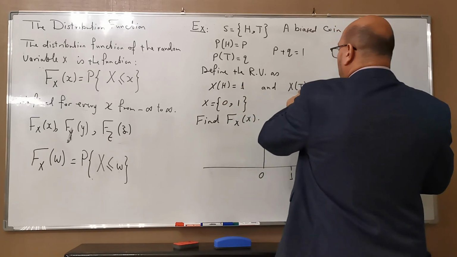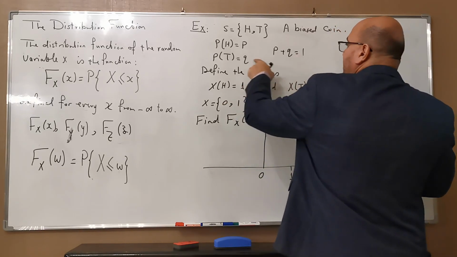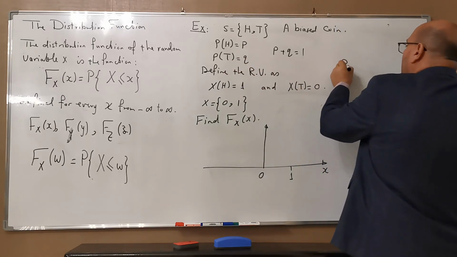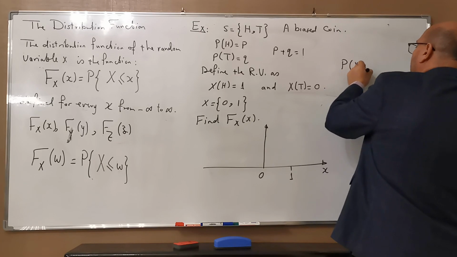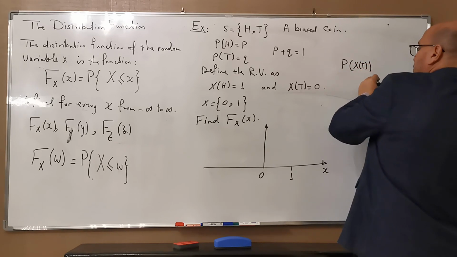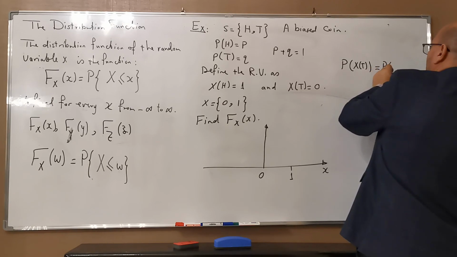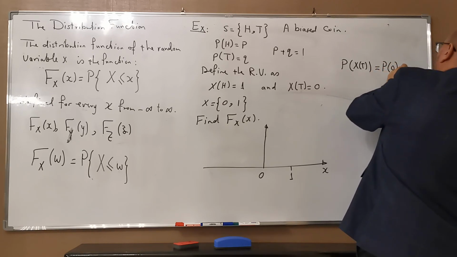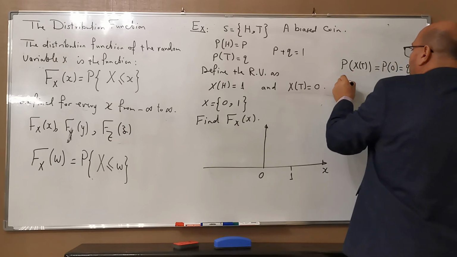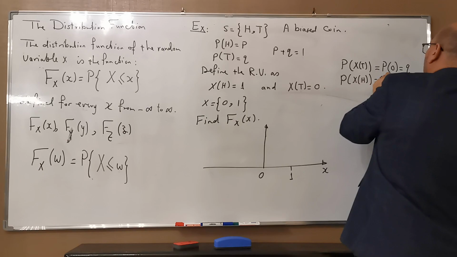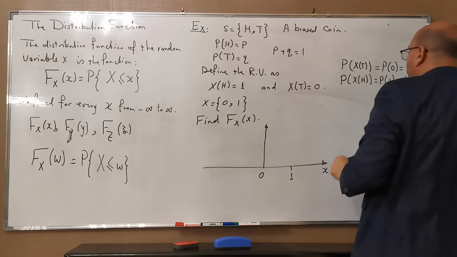So x, which is tails, has a probability of 0, equal to q, and the probability of x of h, which is equal to the probability of 1, is equal to p.